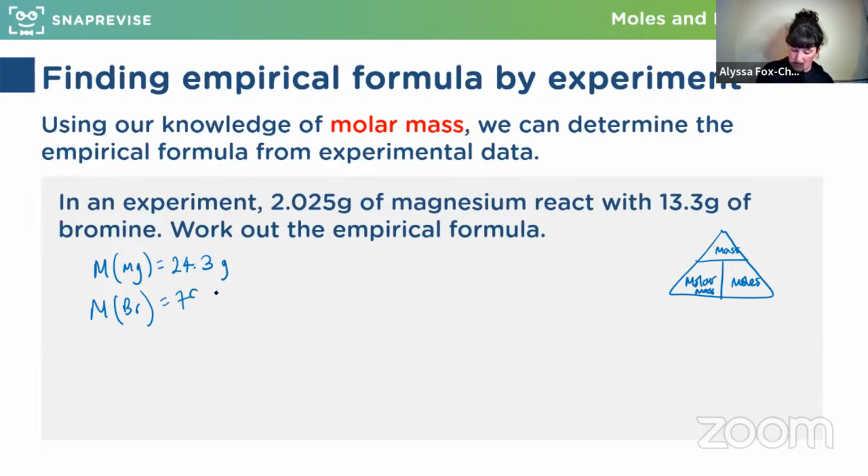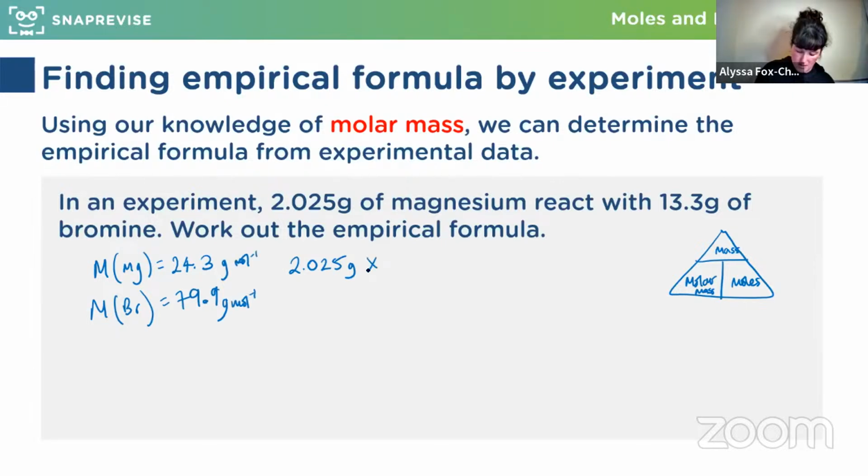is 79.9 grams per mole. So if we wanted to work out how many moles of magnesium there were, we take 2.025 grams, and those are grams per mole.